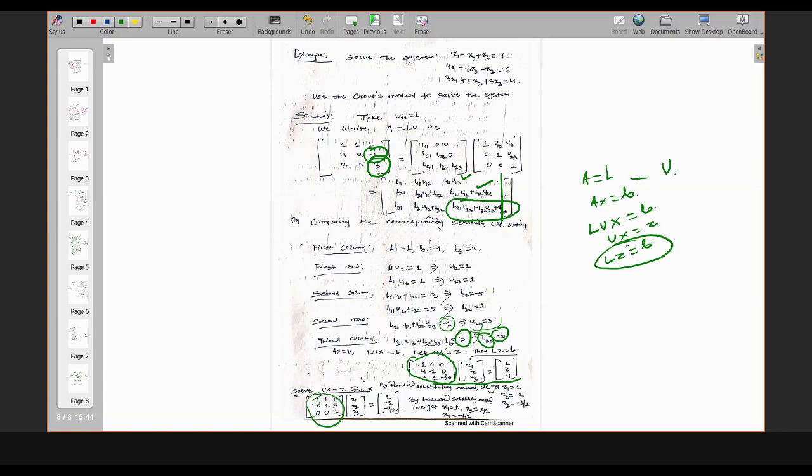Since it is a system of size 3, you will consider the vector Z of size 3: Z1, Z2 and Z3. Then you compare with the right hand side vector B, and you can see this is your right hand side vector, 1, 6, 4.